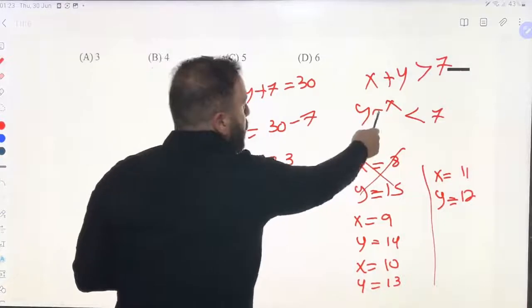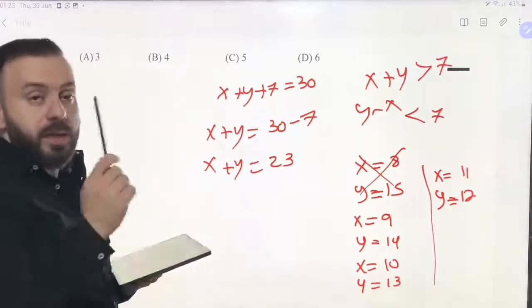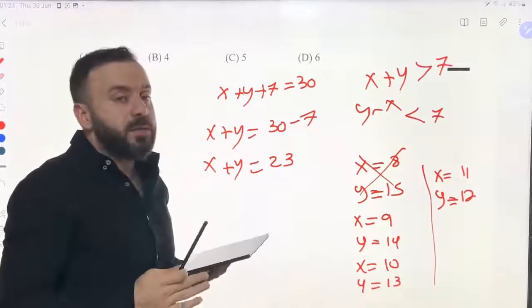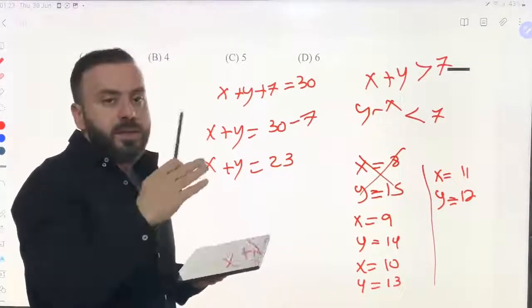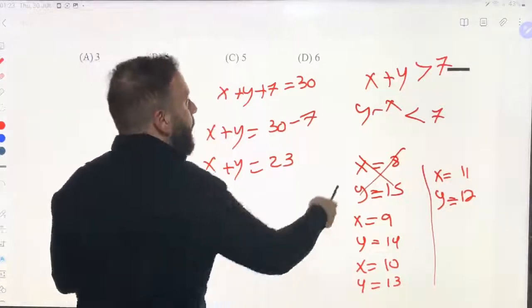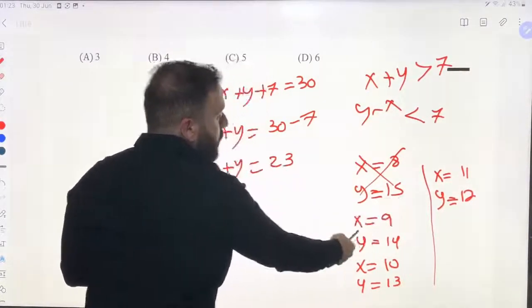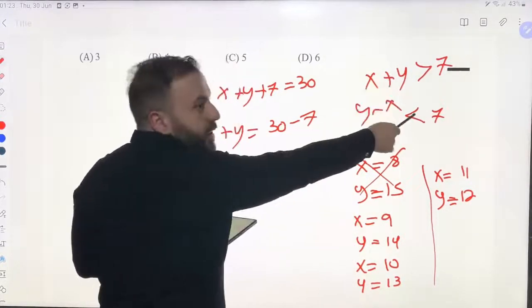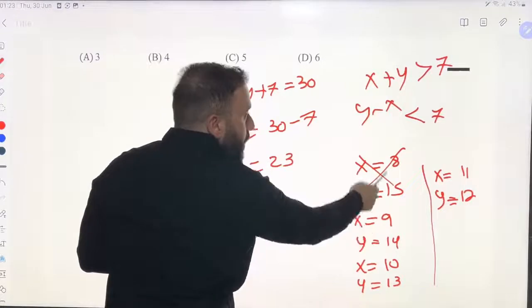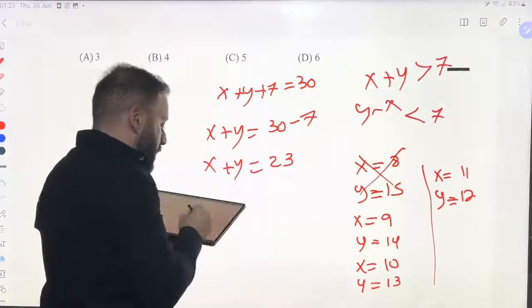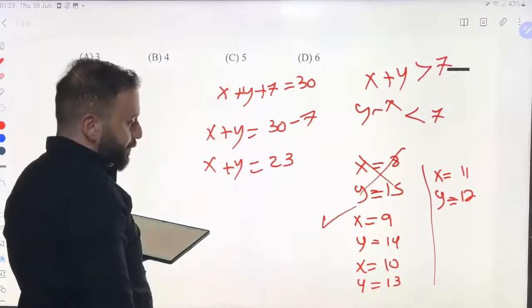By the way, this is one of the characteristics of triangles, and you need to know the subtraction of sides, regardless of which one is first, which one is second. The subtraction is less than 7. So 9 plus 14 is of course greater than 7, and 14 minus 9 is 5, which is less than 7, so this choice is accepted.